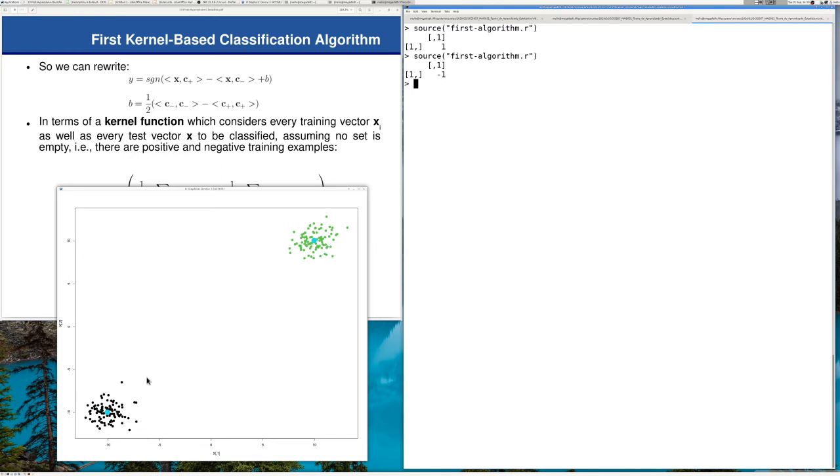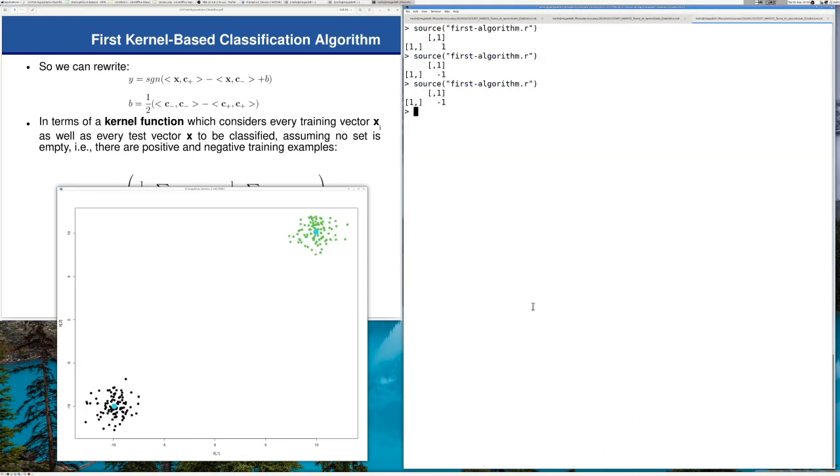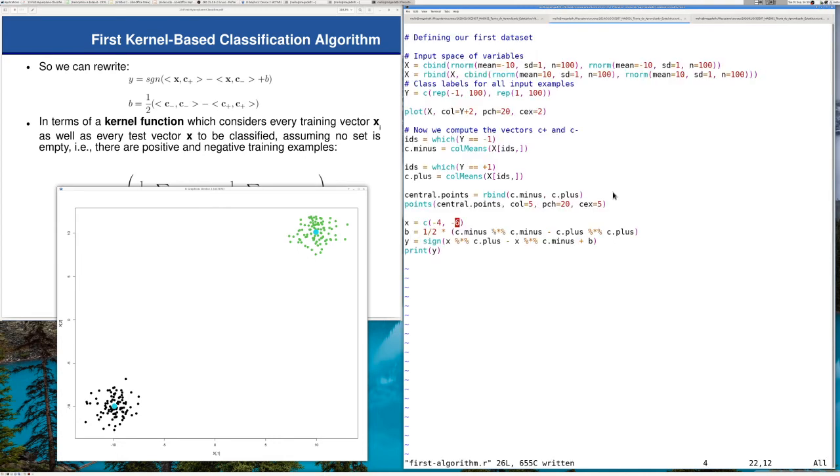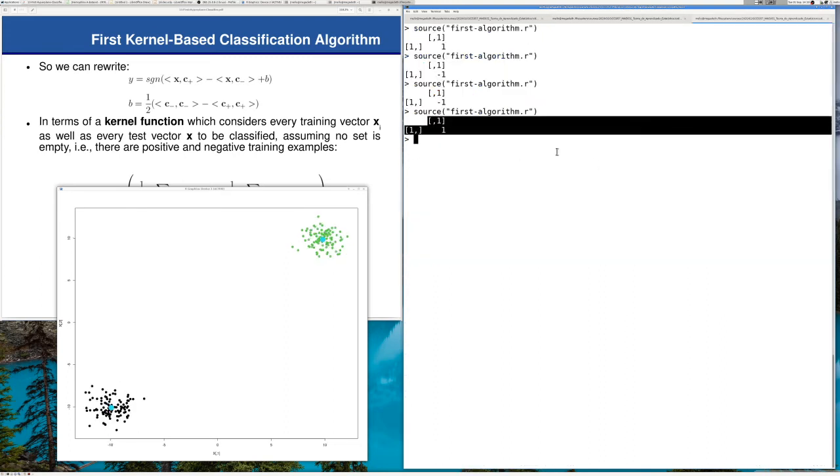It should be negative 1 as well. So minus 5, or maybe minus 4, minus 6 should be negative 1. Let's see the result. Right, perfect, negative 1. What happens if it were positive 4 and positive 6? It should be positive 1, and it is, okay?